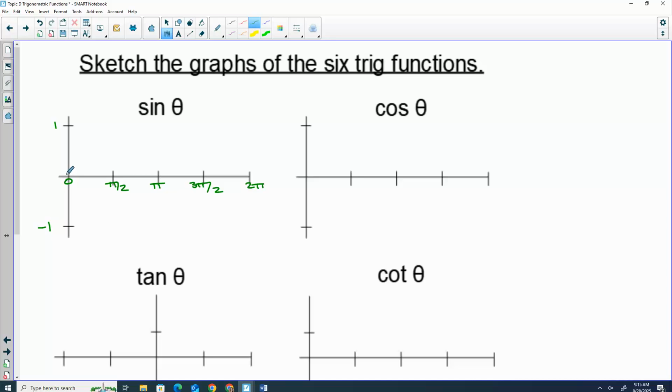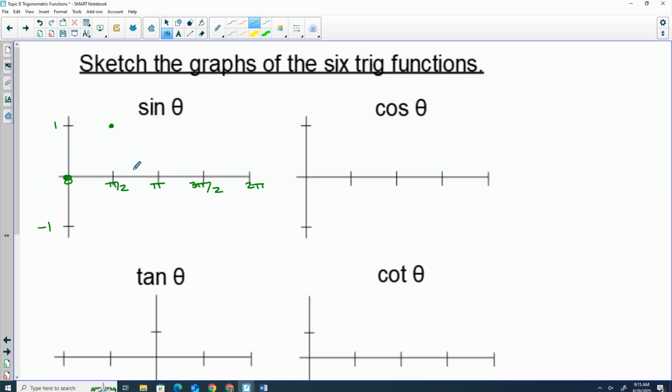Okay, so now we're just evaluating. Sine is 0, so you can look at your unit circle, you can do your hand trick. Sine is the square root of the top over 2, so 0 over 2 is 0. Pi over 2 is 90 degrees, so square root of 4 over 2 is 1.